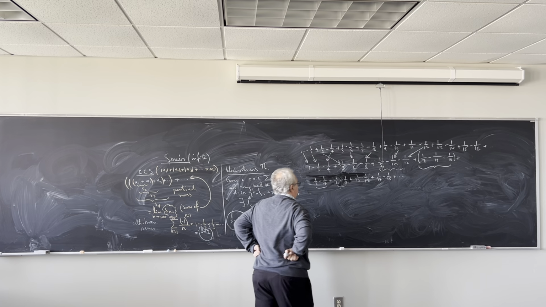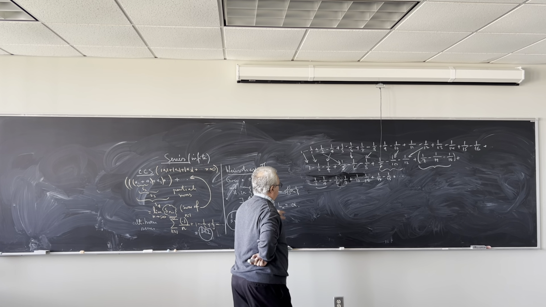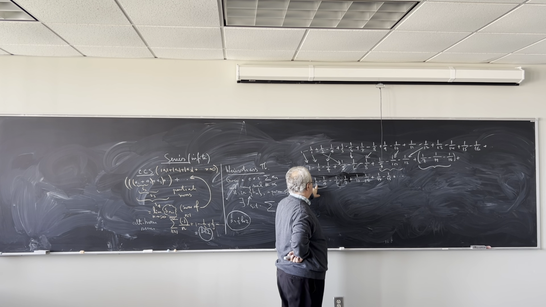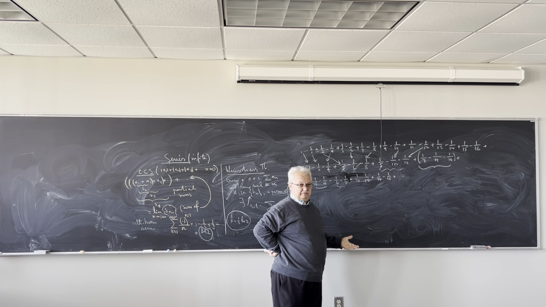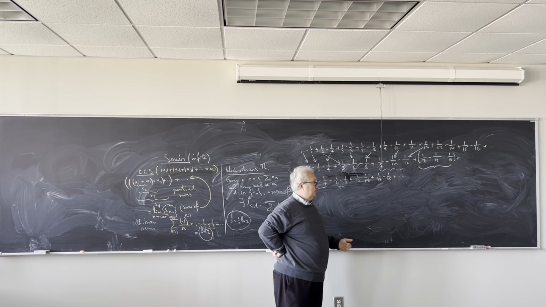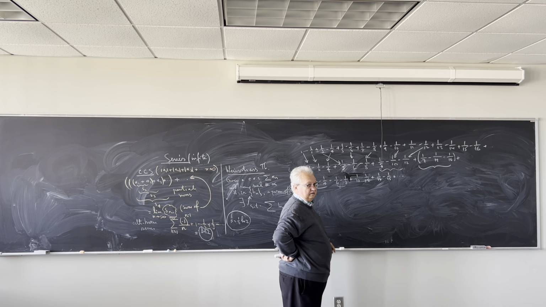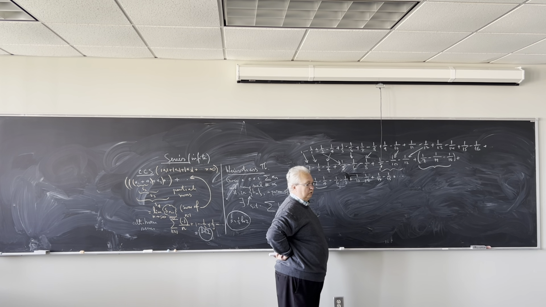What do we notice at this point? The denominators of all these unit fractions are 2, 4, 6, 8, 10, 12 and so on, which means they're all the even ones. Well, if they're all the even ones, I can factor a 2 from all of them.